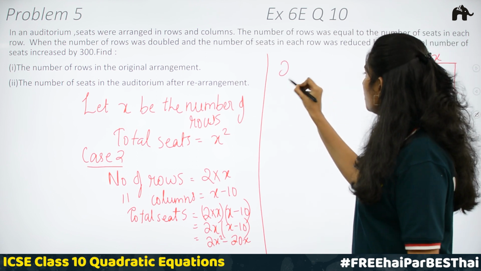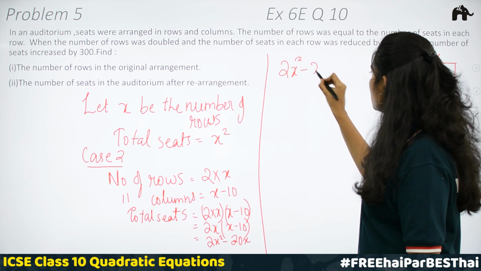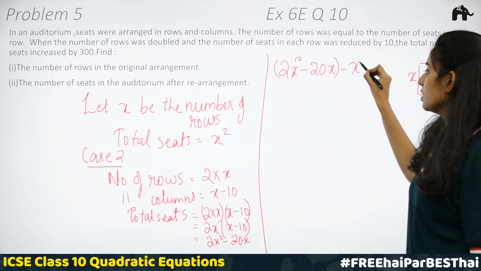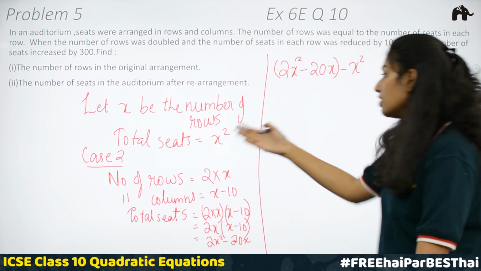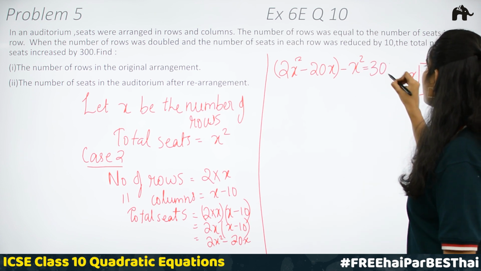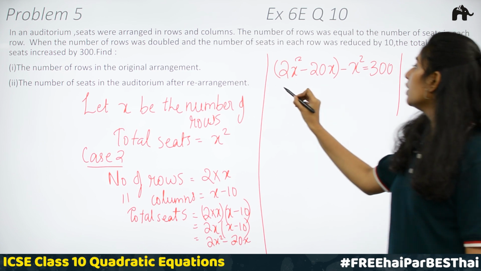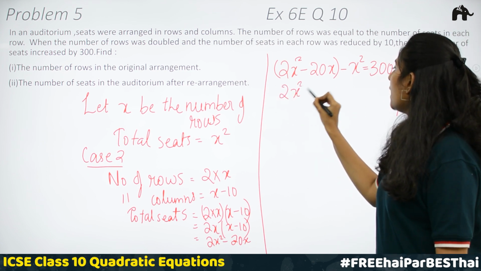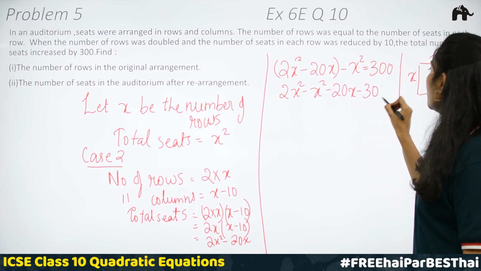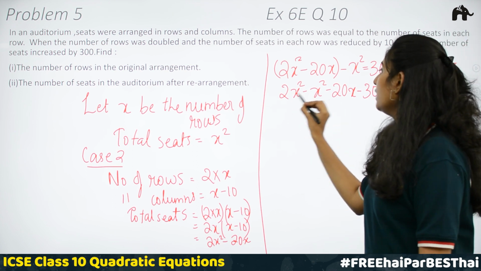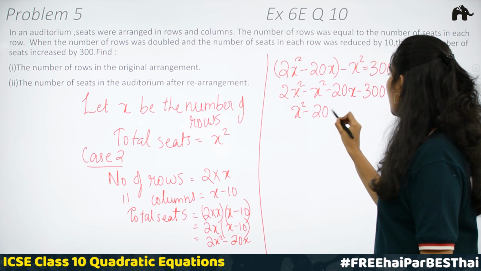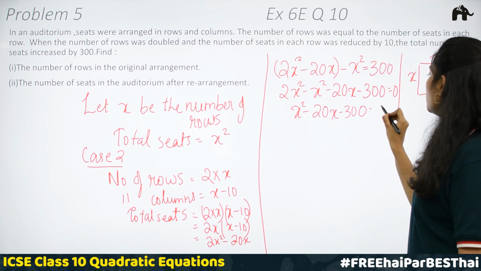That is 2x square minus 20x minus x square, where x square is the total seats in the original arrangement, is equal to 300. That is 2x square minus x square minus 20x minus 300 is equal to 0, or x square minus 20x minus 300 is equal to 0.